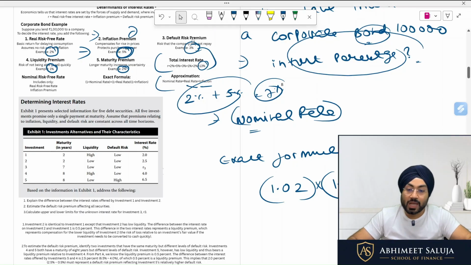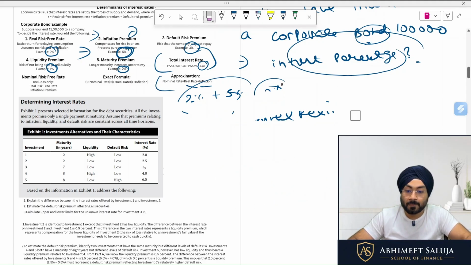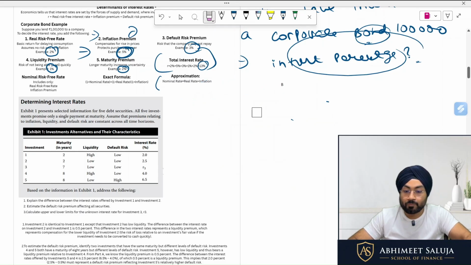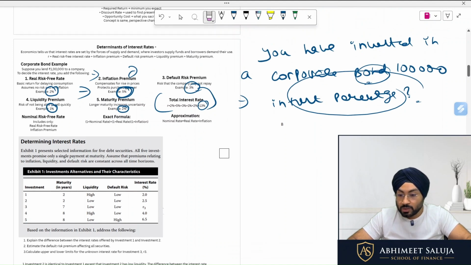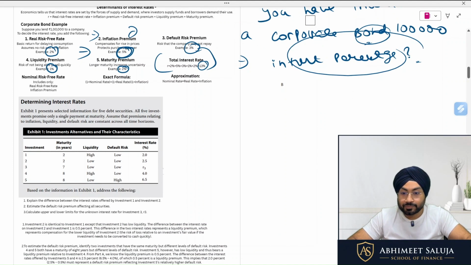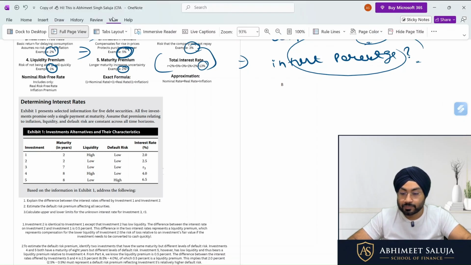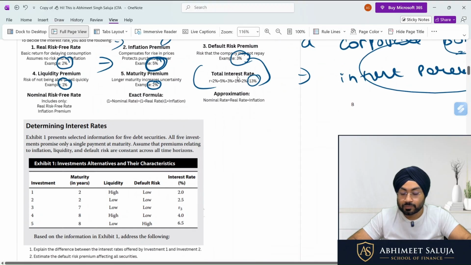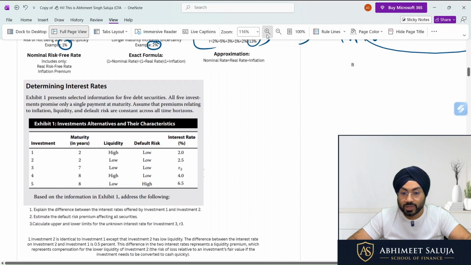Now let's do an example. This example is taken from the curriculum itself. You will understand a lot of things through this example. Now don't look at the answers.